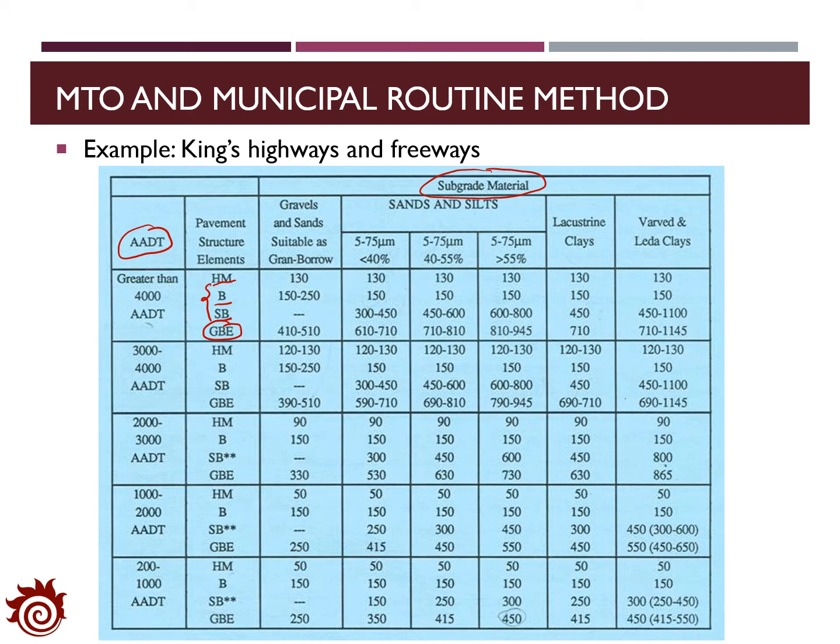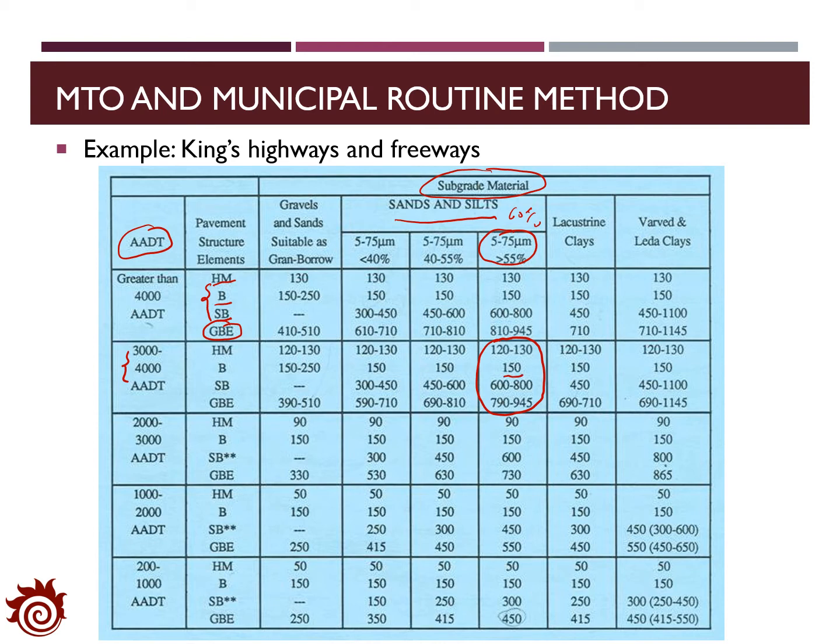For example, if we consider the average daily traffic around 3,000 to 4,000 vehicles per day, and we consider the sand and silty percentage around 60, which means the third column here, then we need to choose the design guidance in this cell. The thickness of the hot mix asphalt will be 120 to 130 millimeters, and the thickness of the base layer is 150.